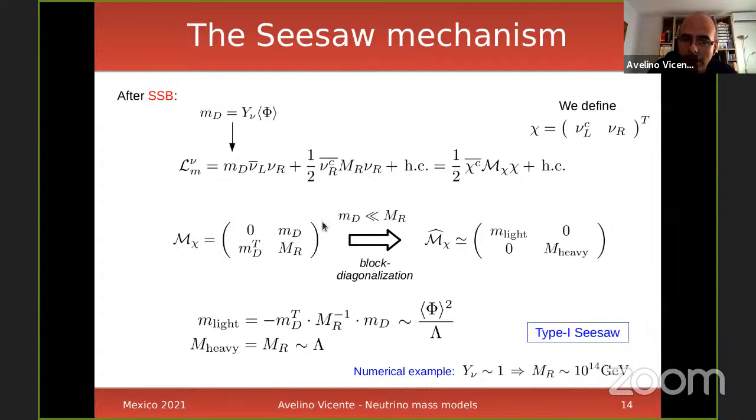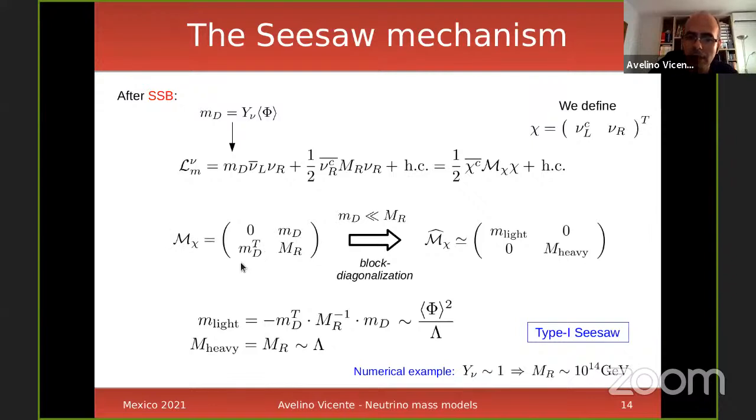You can write down this in a compact way by using this notation. So here I have defined this chi, which is nothing but a collection of all the possible neutrinos you have, all the possible right-handed neutrinos, to be more precise. Okay, so you can convince yourself easily that this expression is correct, where this matrix here is given by this expression.